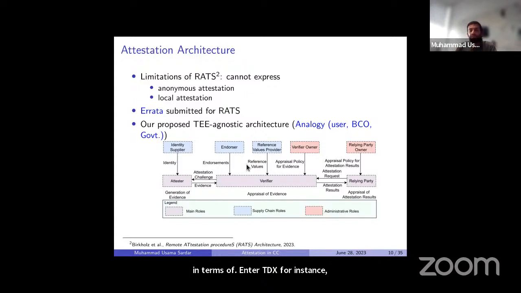So just to give you a rough analogy to understand what these terms mean, let's say you want to cross the border of a country for which you specifically need a visa. Imagine the verifier as the border control officer who is actually interviewing you, and the relying party as the government of the country you are trying to enter.